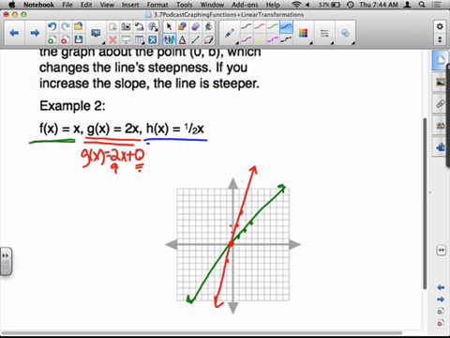And now h of x. Again, I could say plus 0, so I still have the 0, 0 point. Now my slope is 1 over 2, so up 1 to the right 2. Up 1 to the right 2. Plot this point. Okay, so let's compare these graphs to f of x.